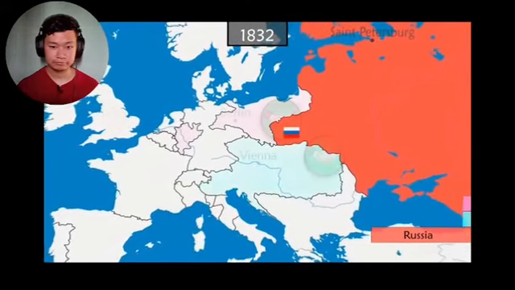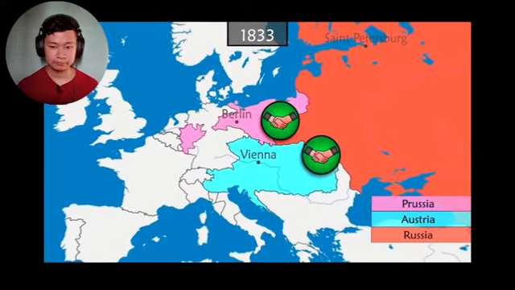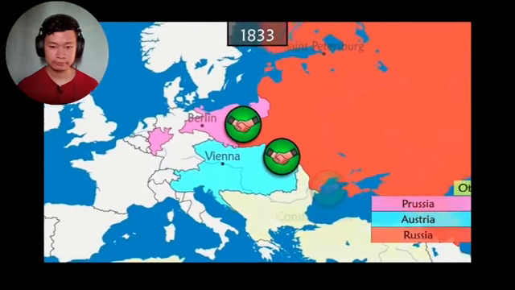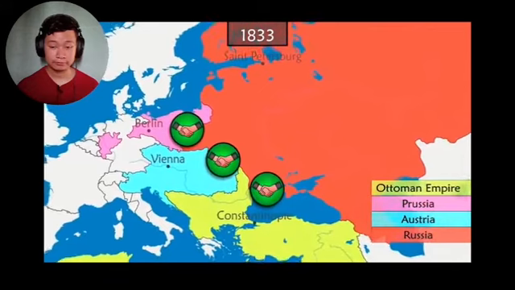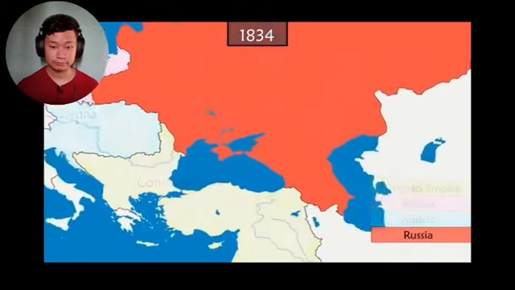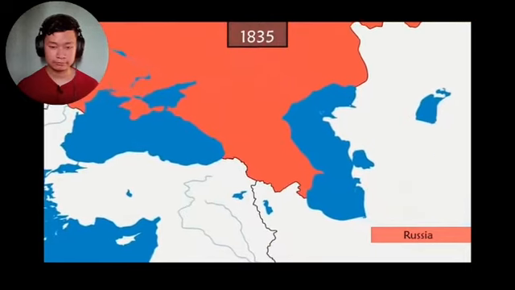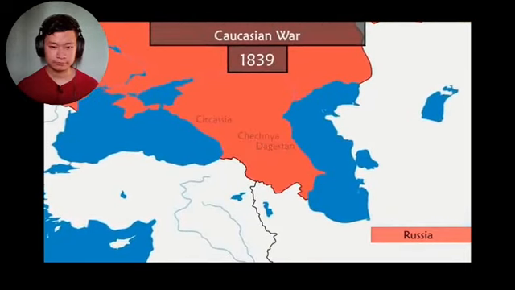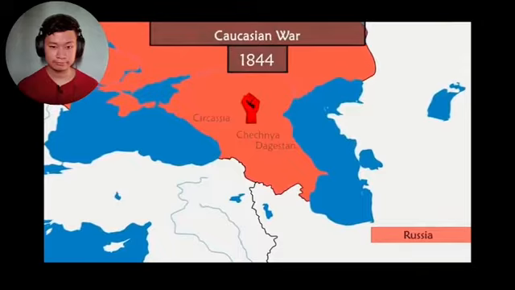The emperor then strengthens his alliances with Prussia and Austria and obtains a defensive alliance with the Ottoman Empire. With his western borders secured, Nicholas I is able to concentrate on the Caucasus Mountains, where many, mainly Muslim peoples fiercely resist the Russian invader.